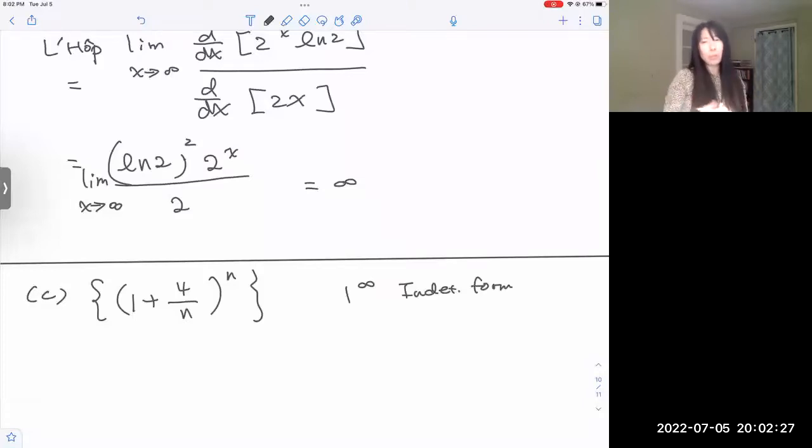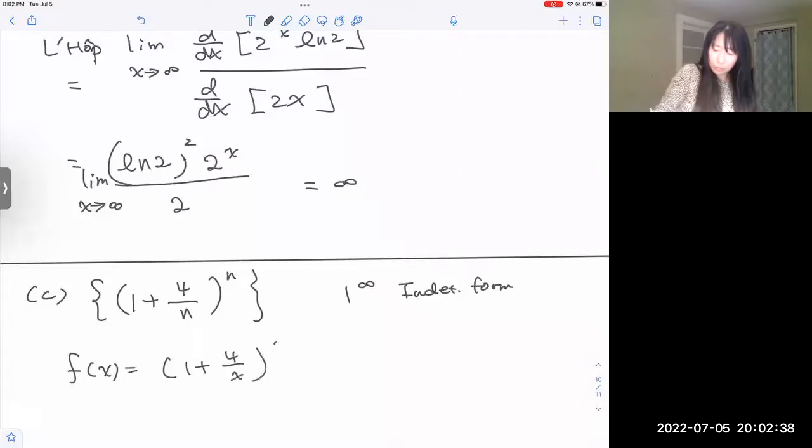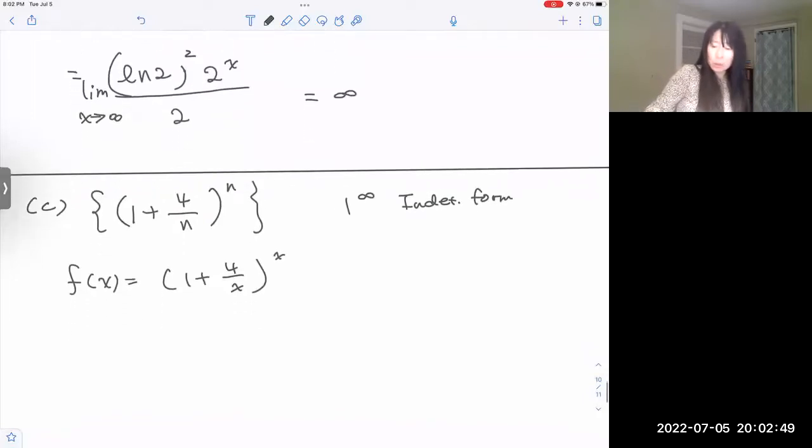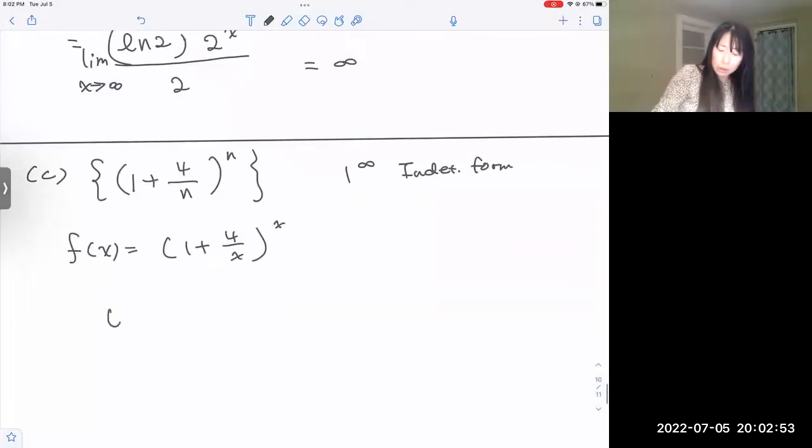Now, we can use the L'Hopital rule, right? So in this case, what we do, we're going to change it to a function. Okay, look, we have x in the power, then we did this one in Calculus 1. You might not remember, that's fine. Okay, so let us do it together.